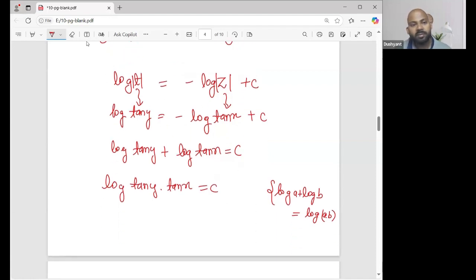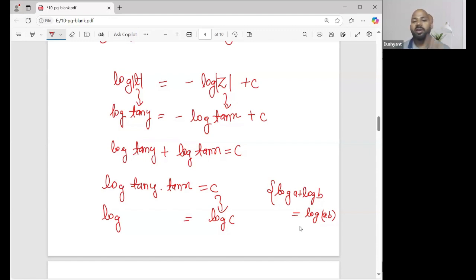Instead of c, let's take log c. C can be anything according to the equations we have. C and log c are both constant numbers; we don't know which constant, we take it as per convenience.